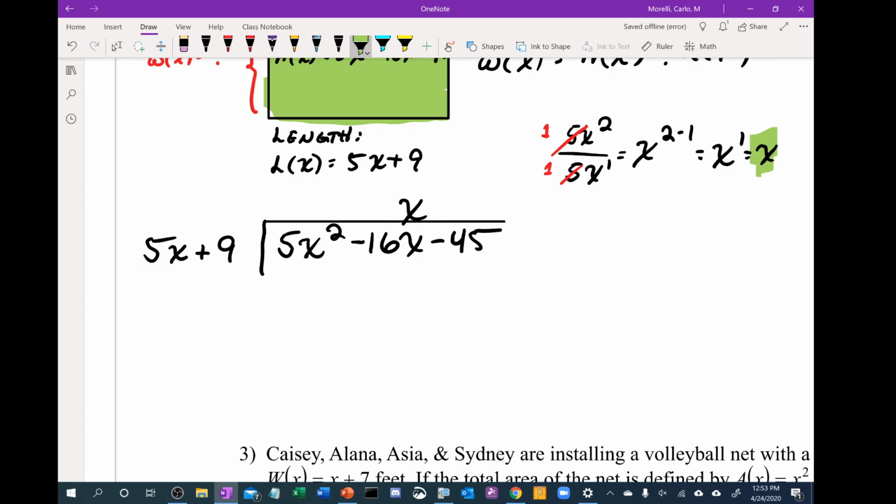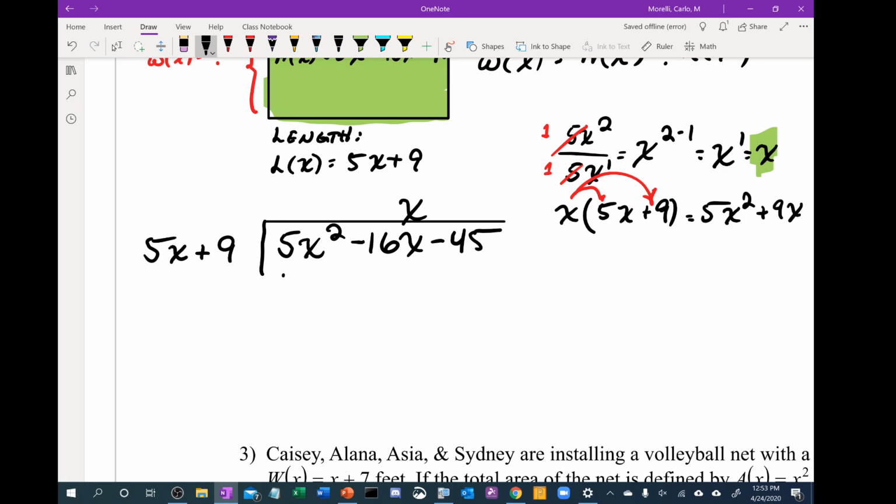So we write the x there, then multiply the first term of the quotient by the entire divisor. So that's x times 5x plus 9. Distribute multiply. 5x times x is 5x squared. 9 times x is 9x.